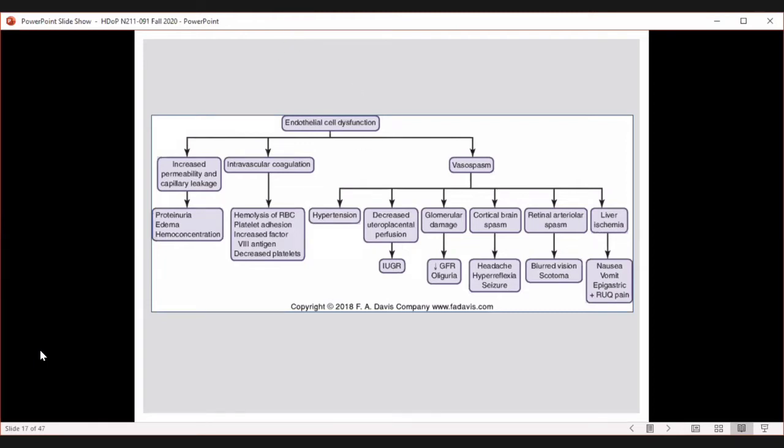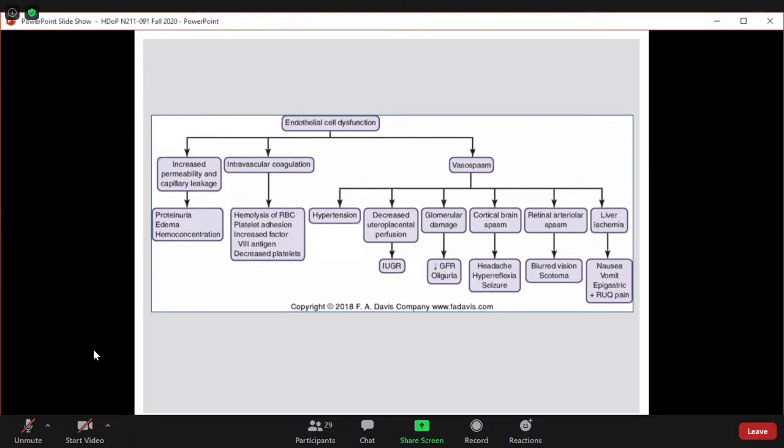So what is the result of that? If the fluid is now going into the interstitial space? Edema.